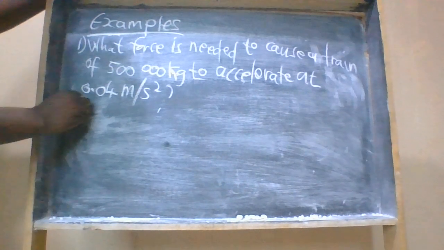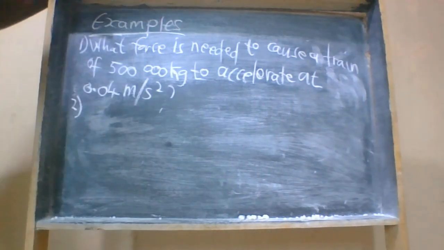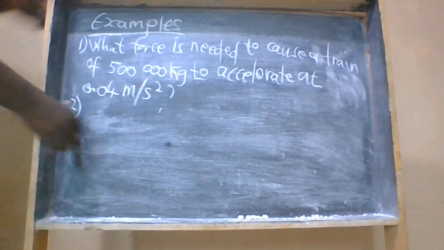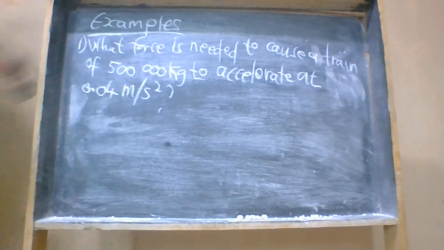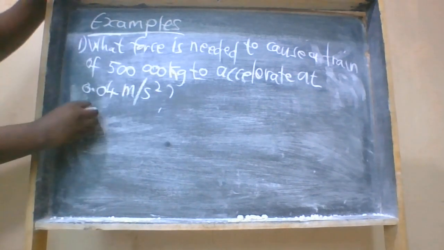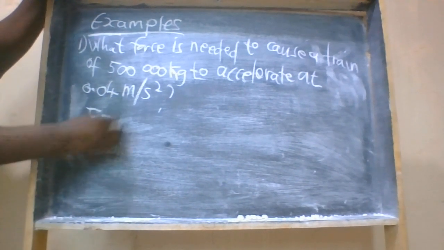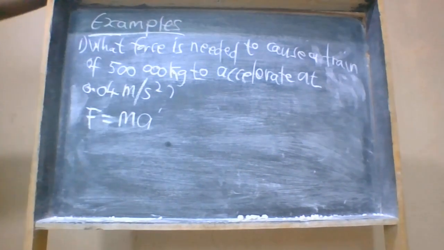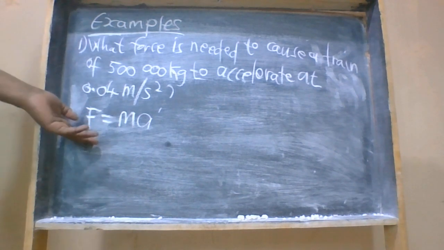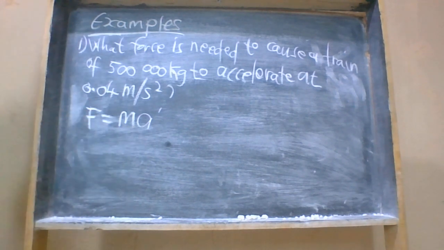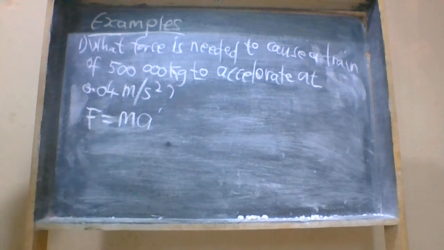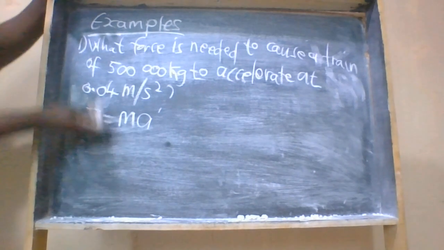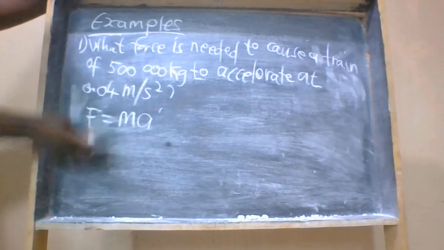Before we look at question two, I have to give the solution to that. The formula for force is F equals MA. We already know that F is the force, M is the mass, and A is the acceleration. The question is asking what force, so we want to find force.